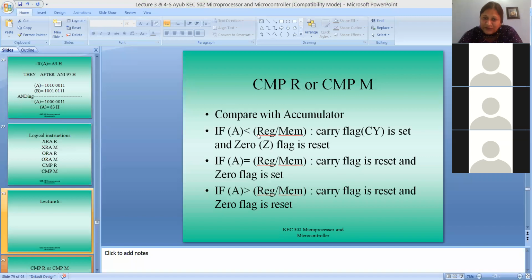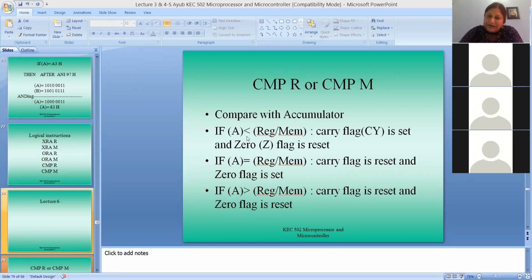Always from accumulator contents, register contents or memory contents will be subtracted. So if your accumulator contents are less, then carry flag will be set, because you are subtracting a bigger number from a smaller number. And zero flag will be reset, because the result is not zero.